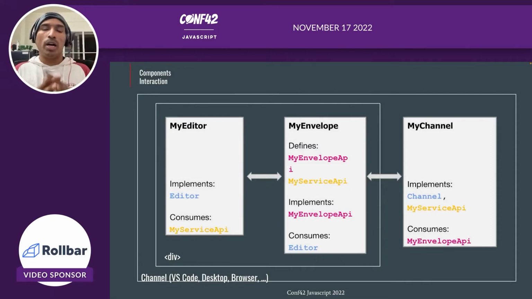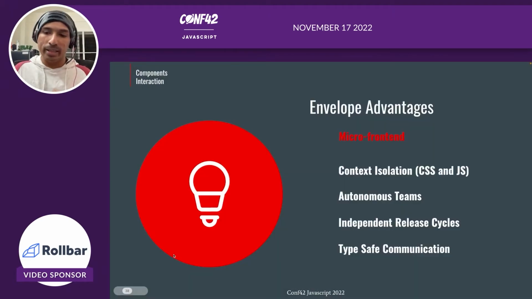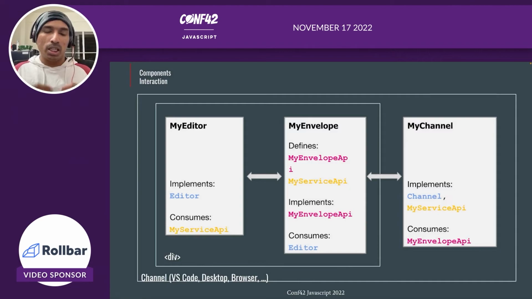So this is how the envelope enables the communication between the channel and the view. If you see here, there are no iframes in use. We are rendering our micro frontend components via div instead of iframes. And the envelope, view, and editors are contained inside the channel.